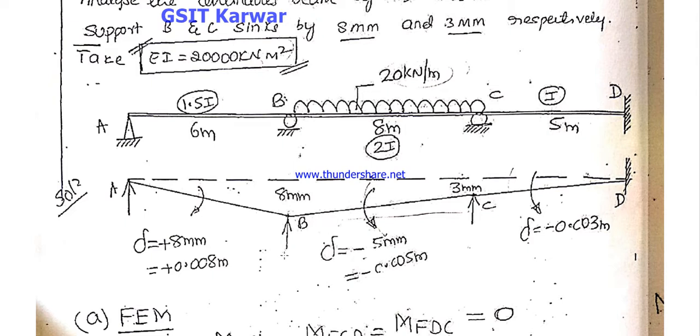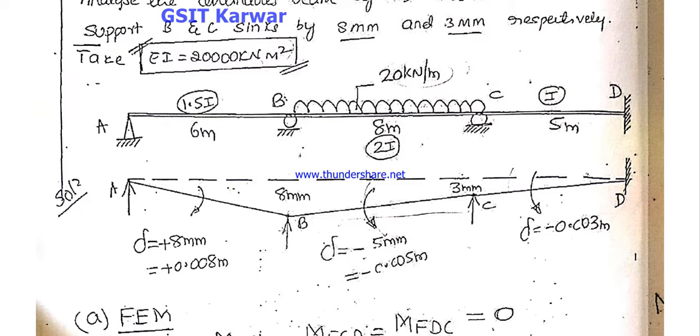But you can recall the last problem we did, where just one support sank, but here two supports are sinking. So that is the main difference between the last problem and this problem. Here two supports sink. So in this type of problem, how are we going to consider the delta or dou?